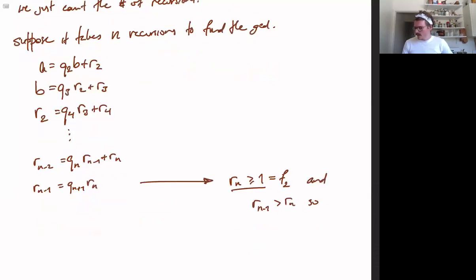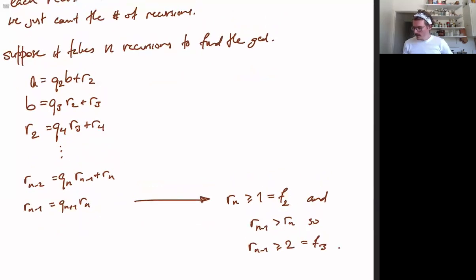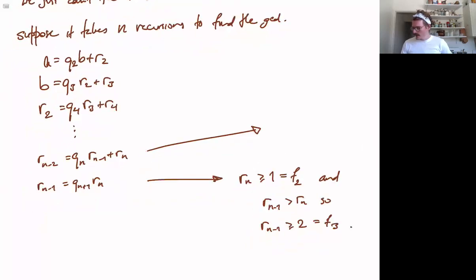And since this thing is at least 1, that means this thing must be at least 2, which is the third Fibonacci number. And now that we have this start, we can look at this equation. What does this tell us?